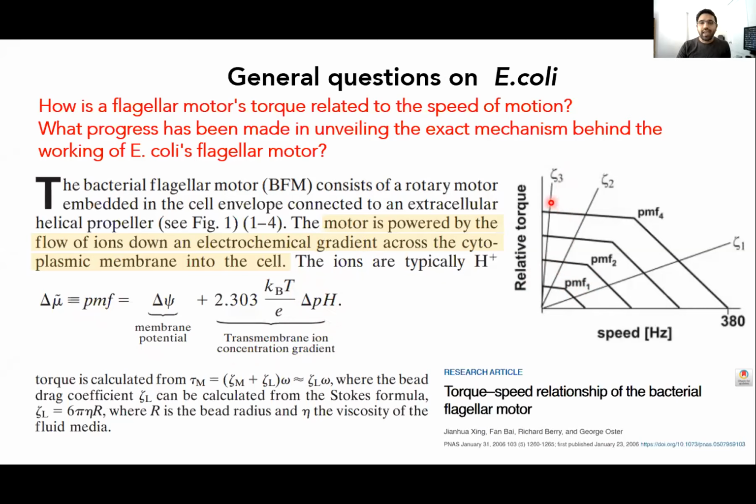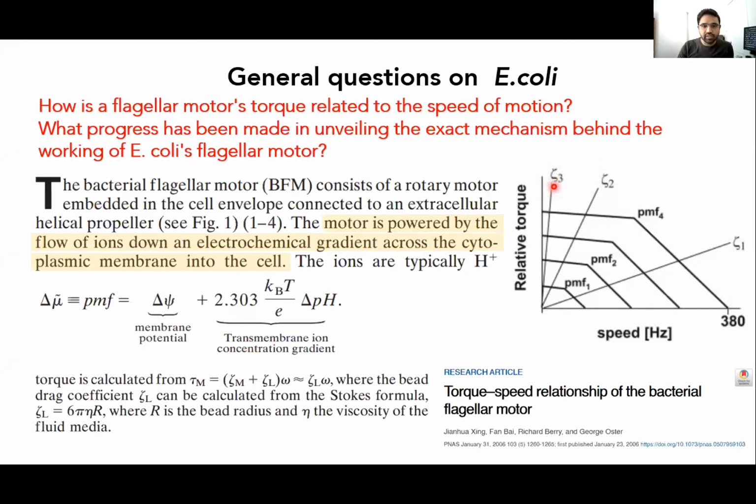So if you fix the proton motive force by fixing the pH, you can attach a small tracer particle to one of the flagella, and you can measure how fast this flagellum is moving by measuring how fast this bead is rotating. And how do you change the drag coefficient?